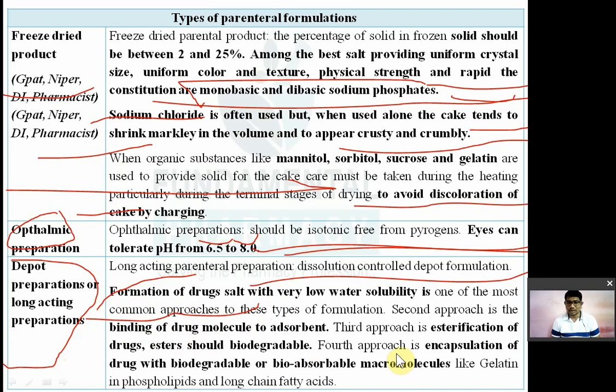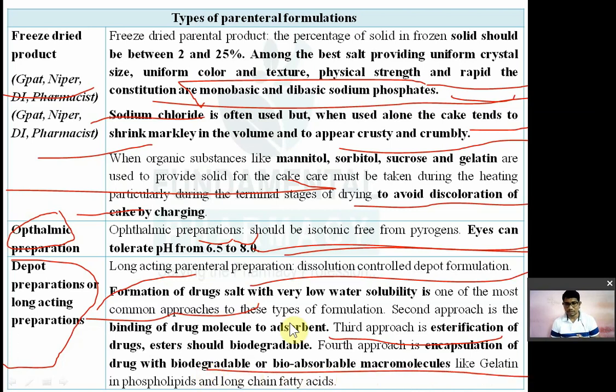Then third approach is esterification of drug. Ester should be biodegradable, so biodegradable esterification of your drug with the biodegradable polymers. Then fourth approach will be encapsulation of drug in a biodegradable or bioabsorbable polymer.